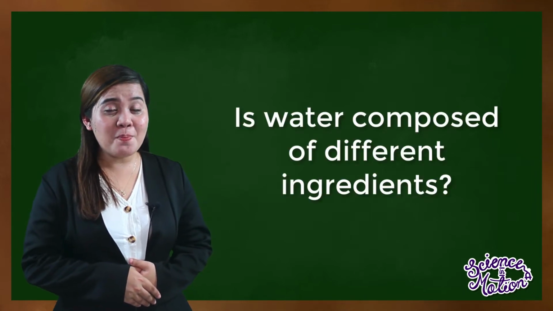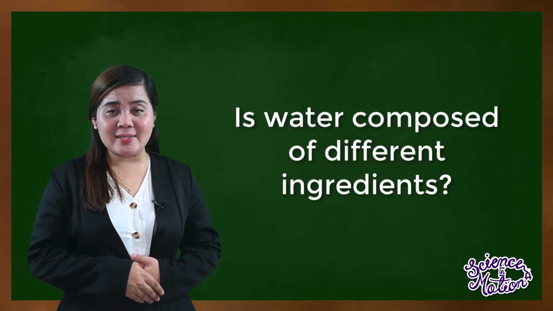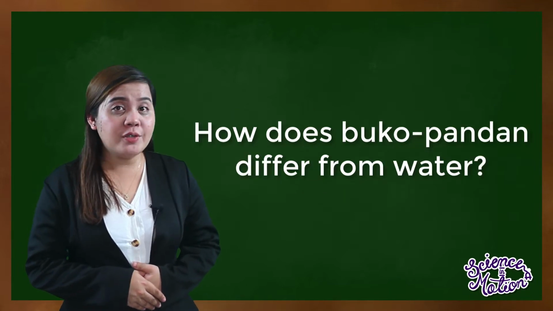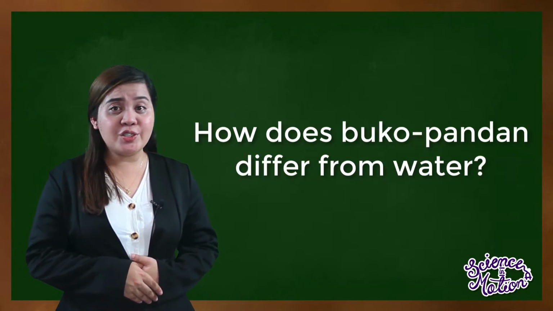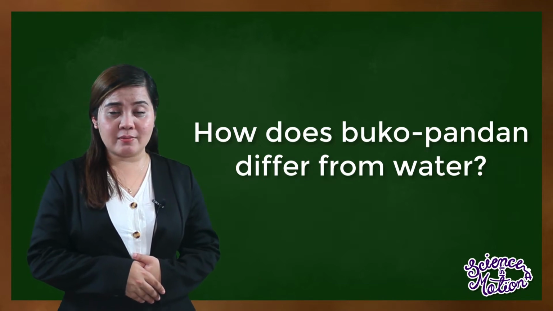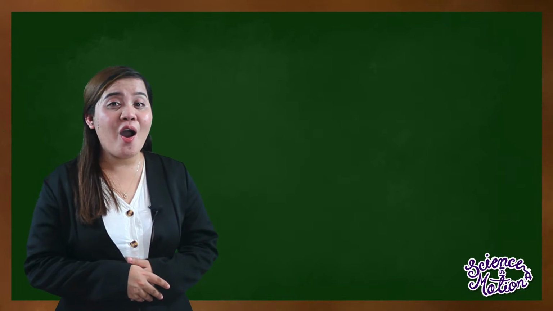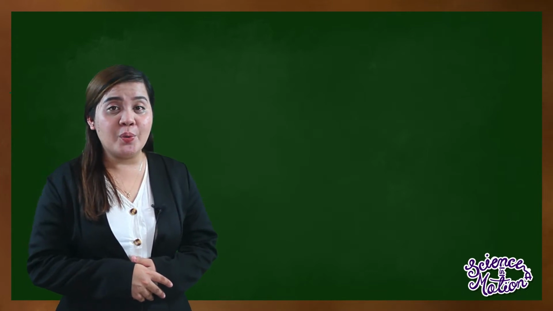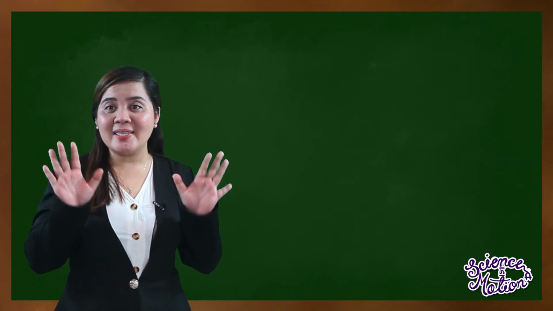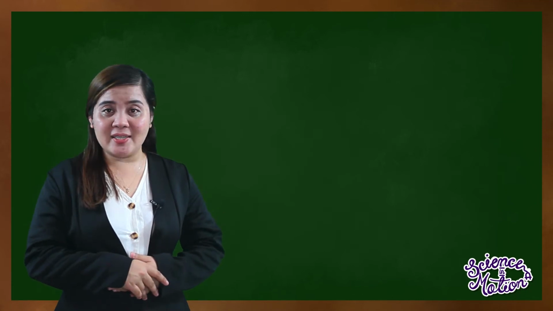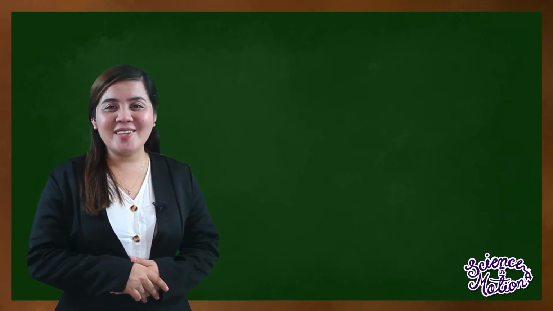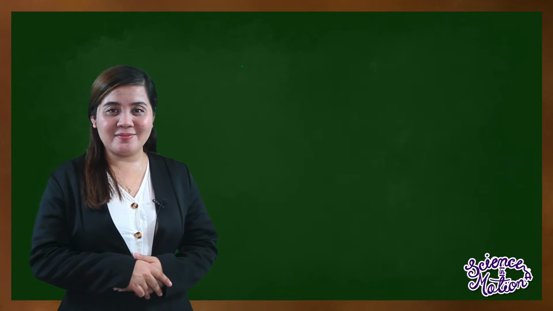Is water composed of different ingredients? How does the buko pandan differ from water? Kids, you can write your thoughts on your notebook. You are given 10 seconds to do this activity. Timer starts now.